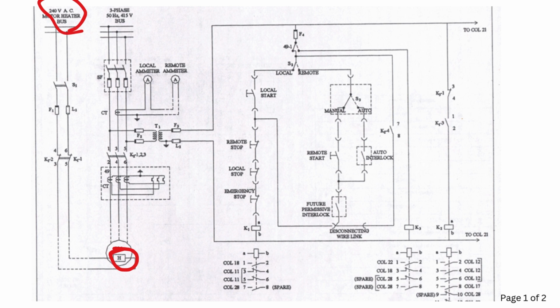The heater should be turned on when the motor is not running to maintain the required temperature. However, when the motor is operating, the heat generated by its own losses is sufficient to eliminate the moisture, making the heater unnecessary during motor operation.